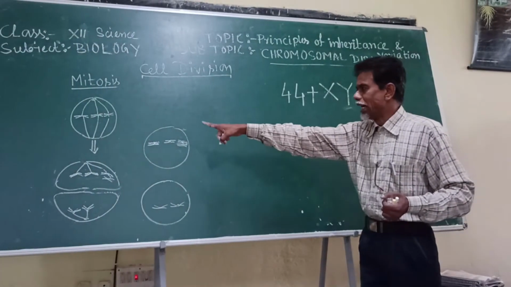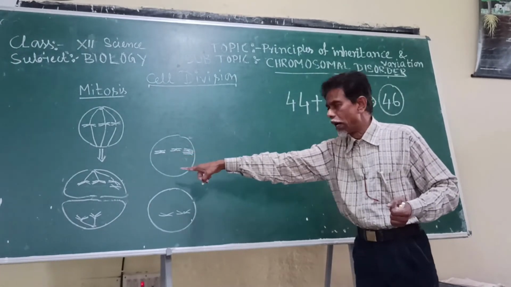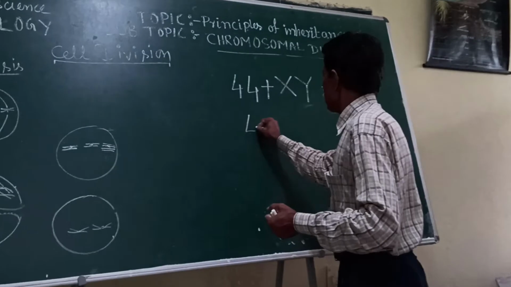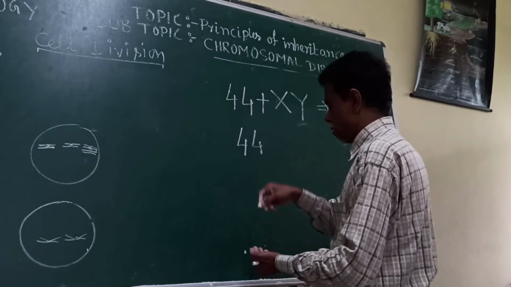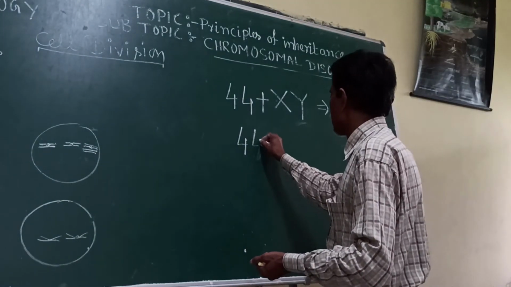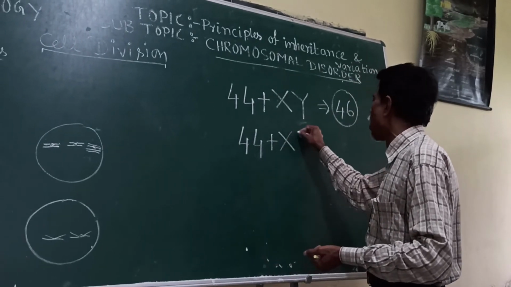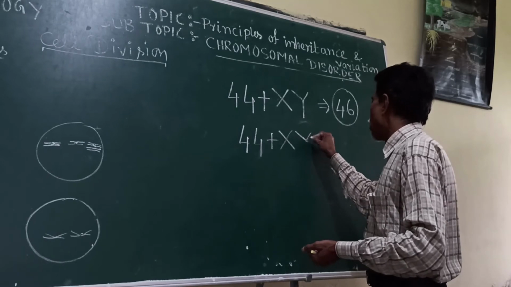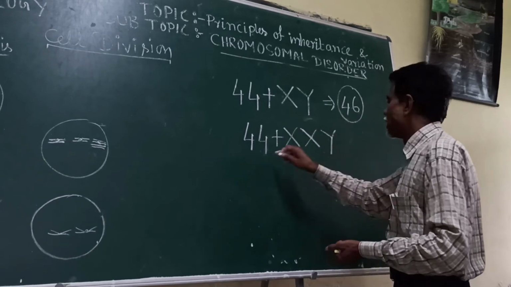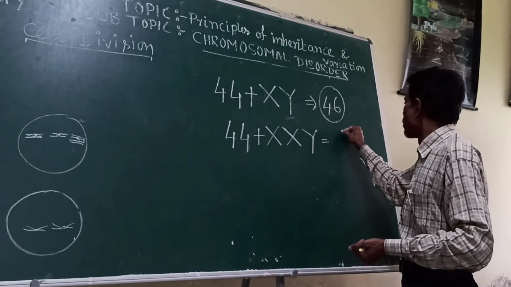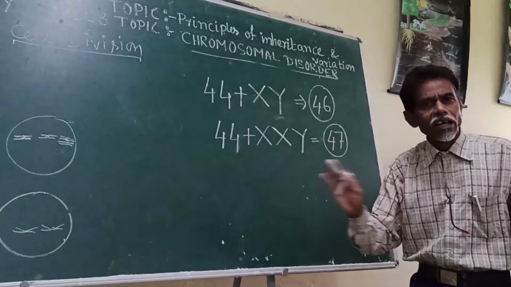But as I told you, the process by which sometimes an extra copy of a chromosome develops, here due to the problem of segregation, this male gets an additional copy of the X chromosome along with its own X and Y. So what is the total number of chromosomes here? 47. Is that clear to you?